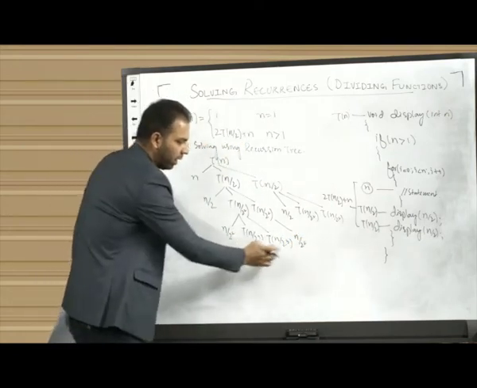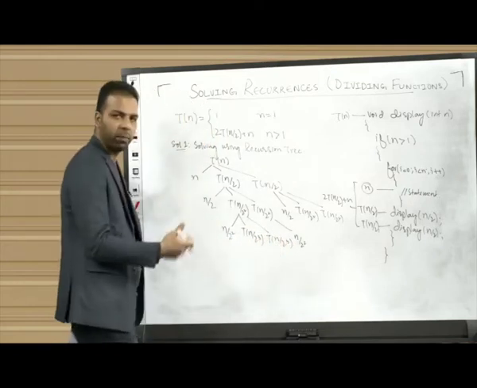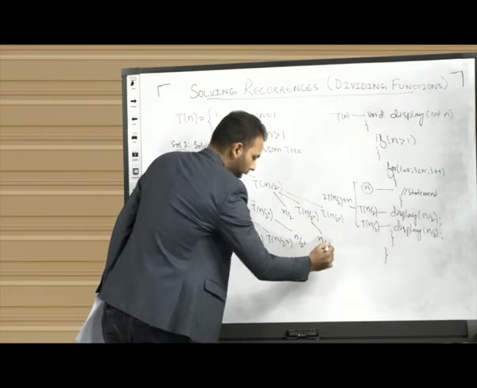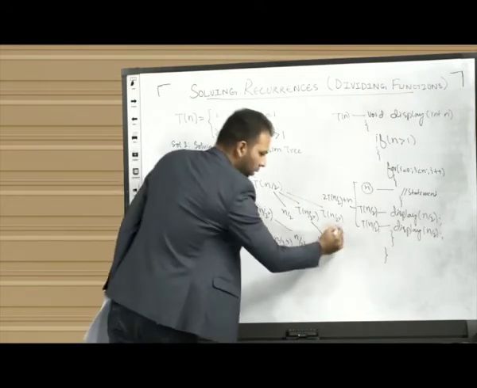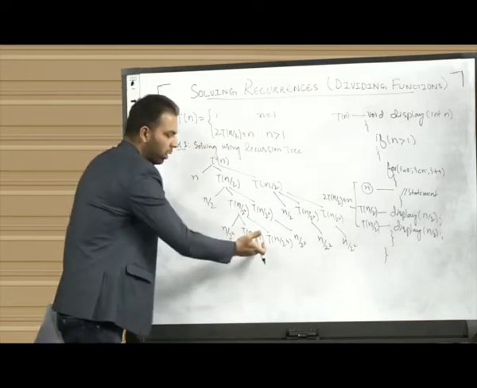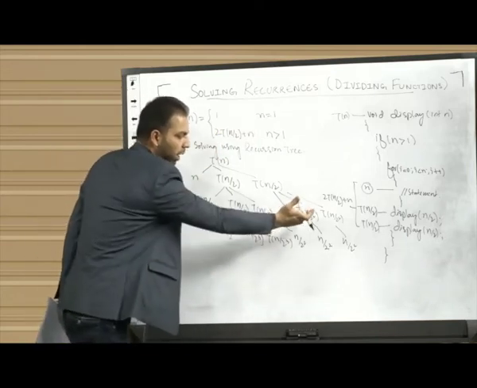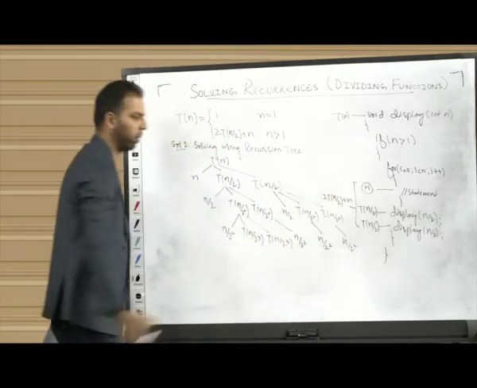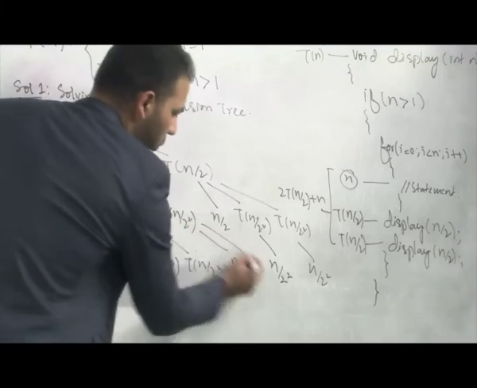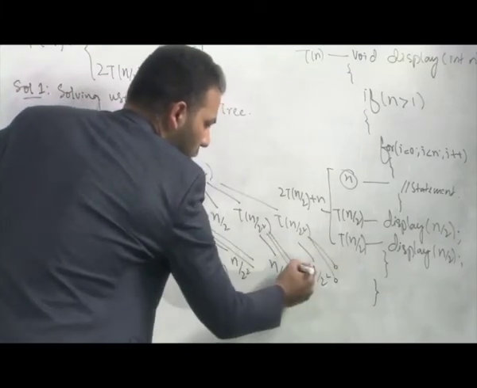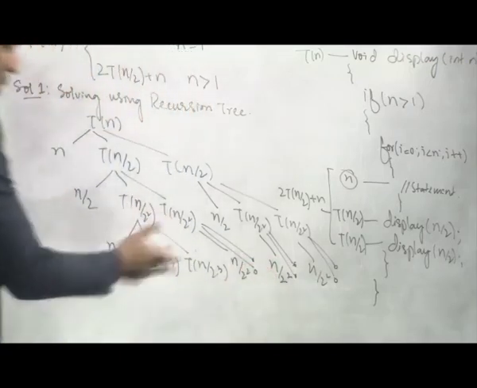I'm not writing these two calls because it will just mess things up. This will call t n by 2 square and execute n by 2 square times, plus it will call t n by 2 cube twice from each node. So I'm not writing those two calls everywhere, because I want to show something else.